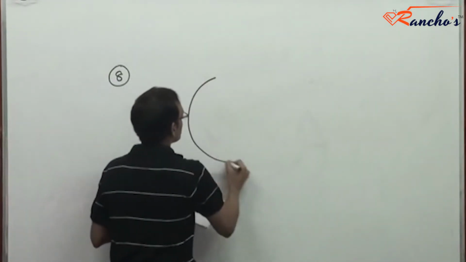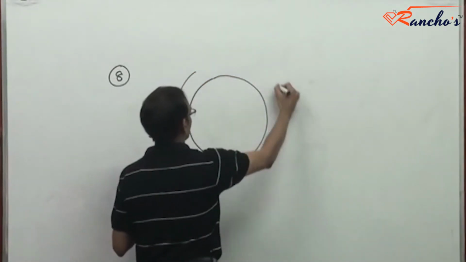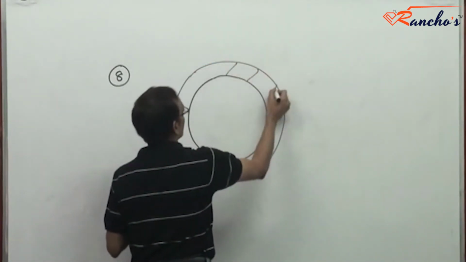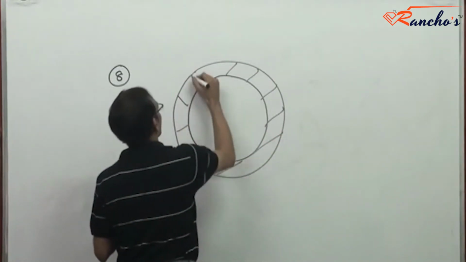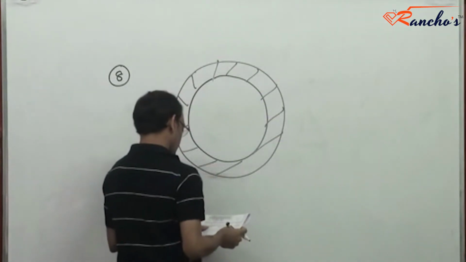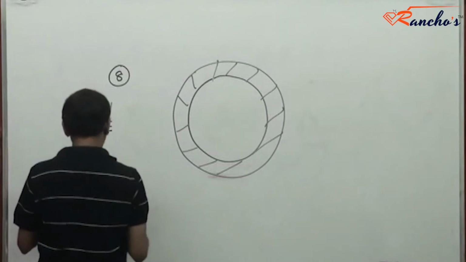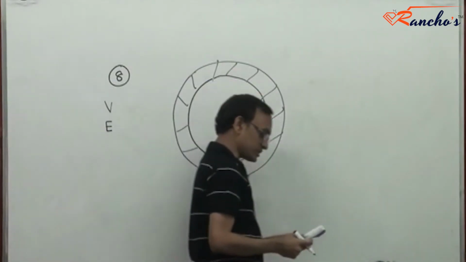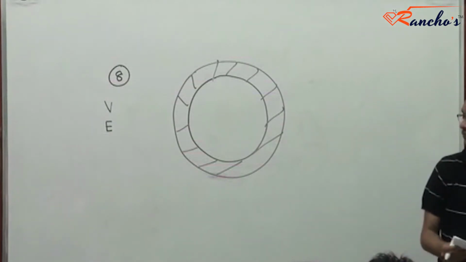There is a uniform spherical shell. Let V and E be the gravitational potential and gravitational field at a distance r from the center of a uniform spherical shell.